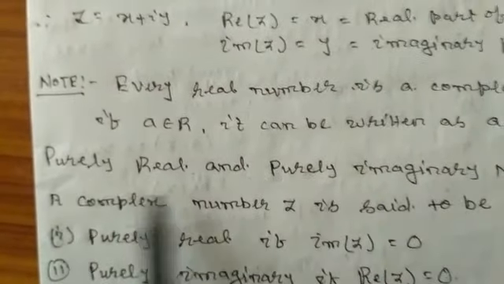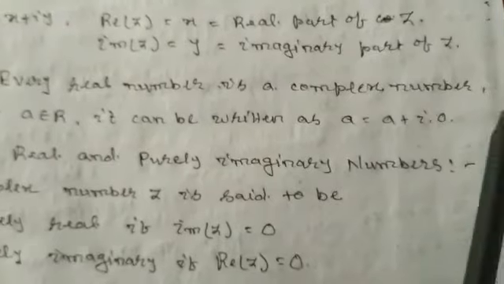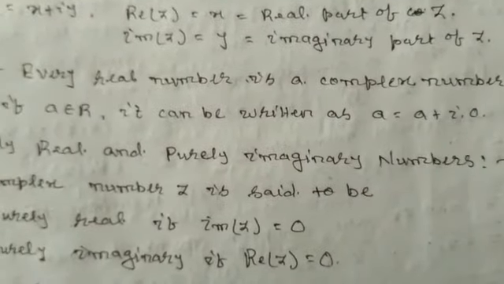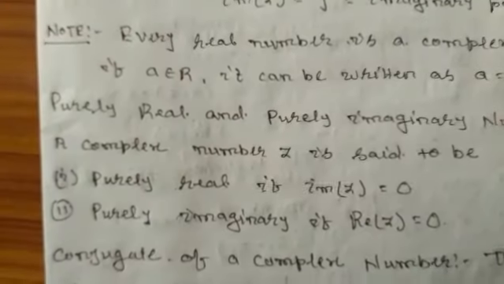Now, purely real and purely imaginary numbers. In which circumstances does a complex number become a purely real number or a purely imaginary number?